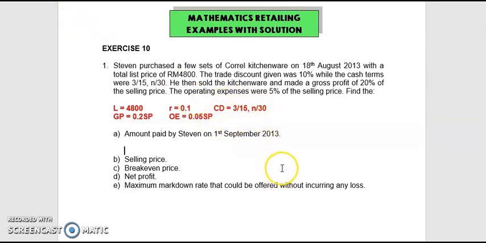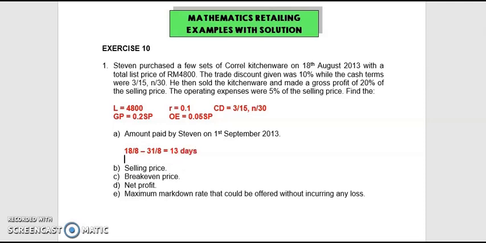Now let's calculate from 18 August to 31st August is how many days? 13 days. Then calculate from 1st September. So 1st September to 1st September is 1 day, right? So 1st September will be 1 day.